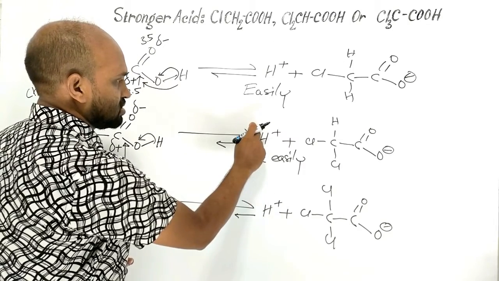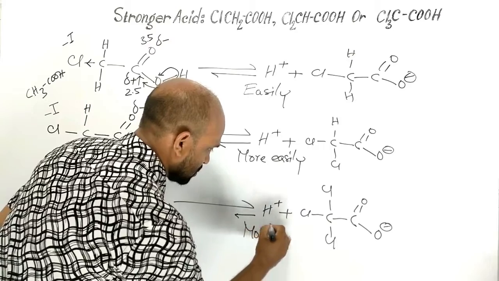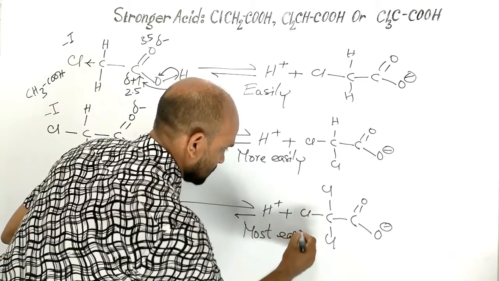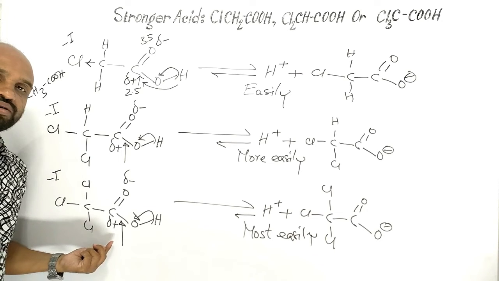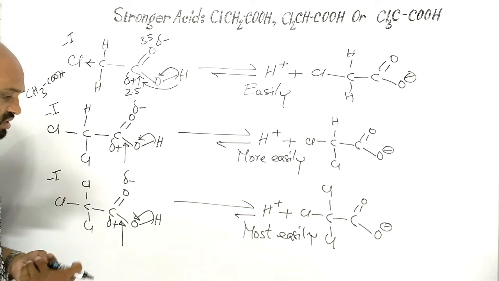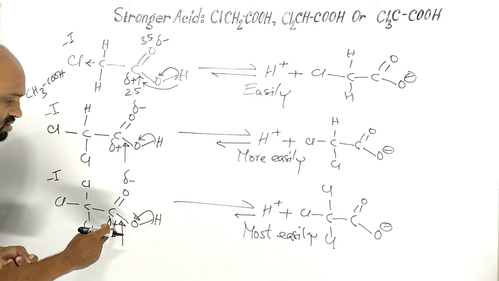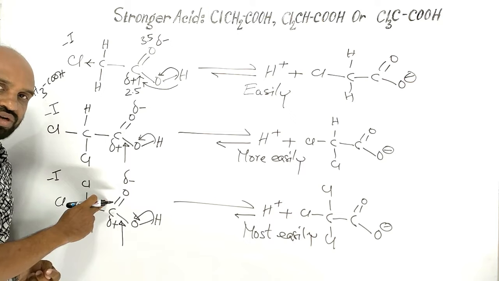the dichloroacetic acid. That is, here it is produced most easily because of the presence of 3 negative inductive effect atoms that increase positive charge over the carbonyl carbon.